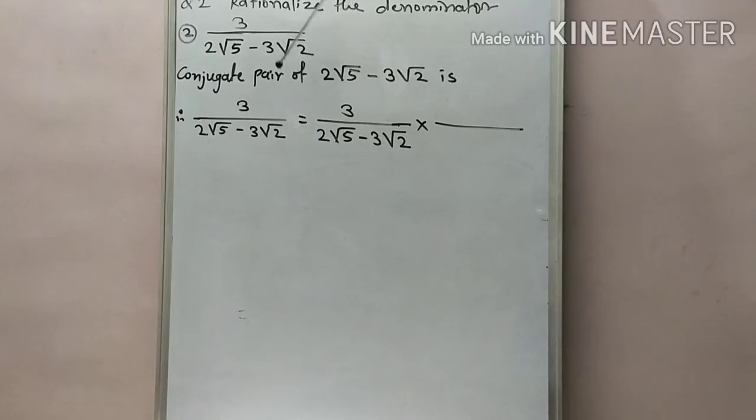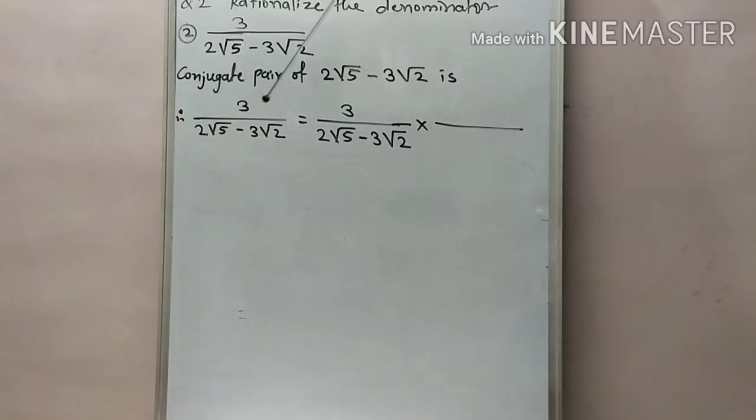Okay, now we try the second example. 3 upon 2 root 5 minus 3 root 2 is the denominator. First we write down the conjugate pair of the denominator 2 root 5 minus 3 root 2. We keep these terms as they are, and we just change the sign to plus.